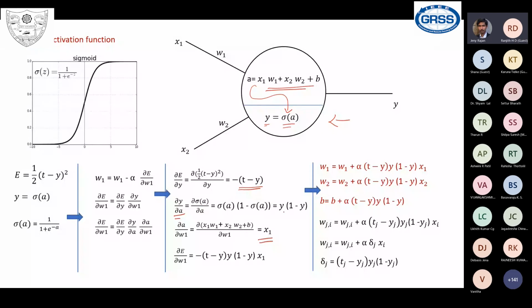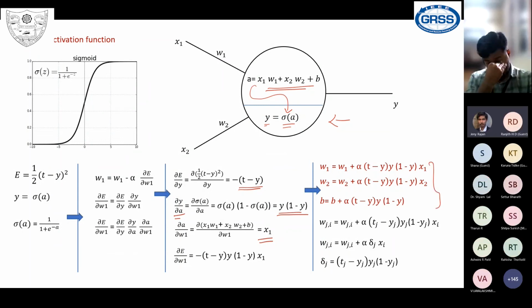We are taking the derivative of the sigmoid, and as a result, we will get y into 1 minus y. So again we get a weight updation formula. This is the weight updation formula that we derived. The only difference between the previous neuron and this neuron is the activation function. Earlier it was 1. Now if we take the derivative, you can see that it is y into 1 minus y, right?